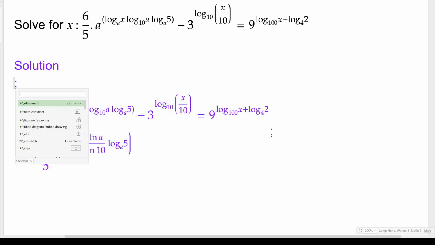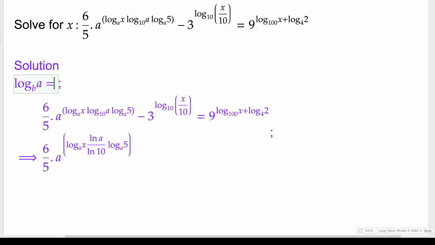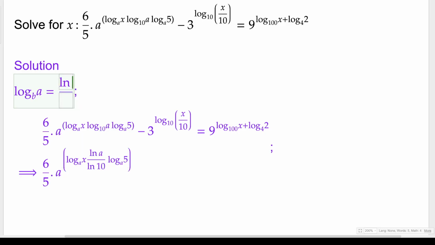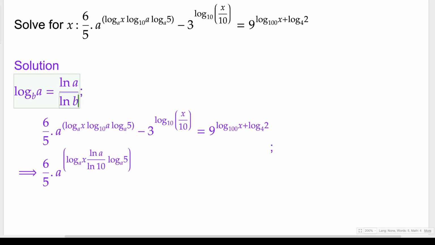There is a property: when I have log of an argument and the base is b, we can take an intermediate base, given the condition that the logarithmic factor must remain defined. So we can apply natural log of a over natural log of b. You can take any base that keeps my logarithmic factor defined, that's it. Here I've taken natural log, you can take log base 10, you can take log base 9, whatever is suitable based on application, and write this in intermediate form. So this is one of the identities of logarithms, right?